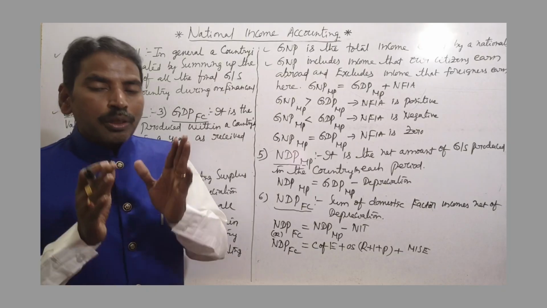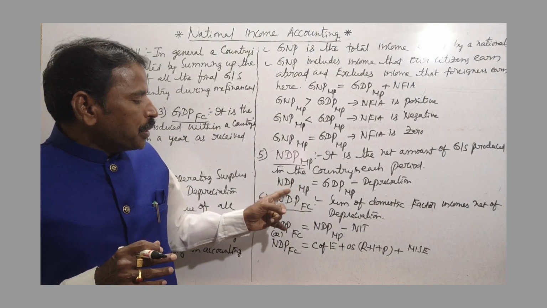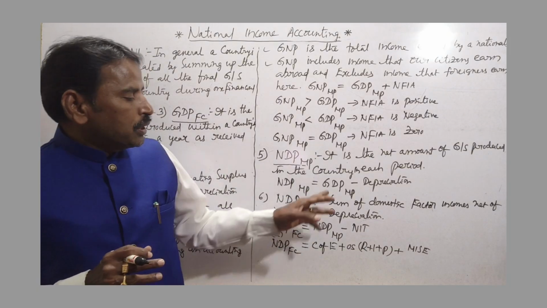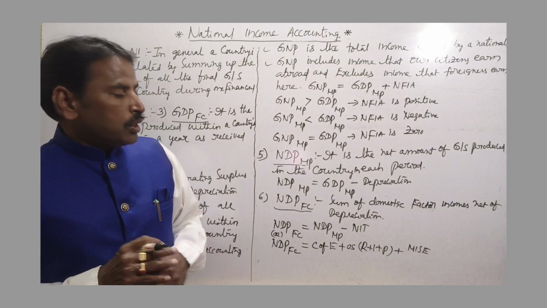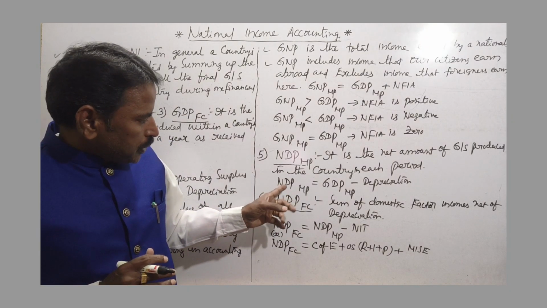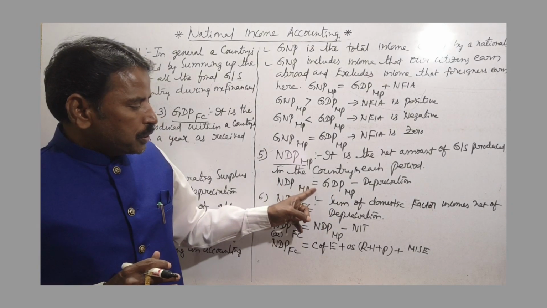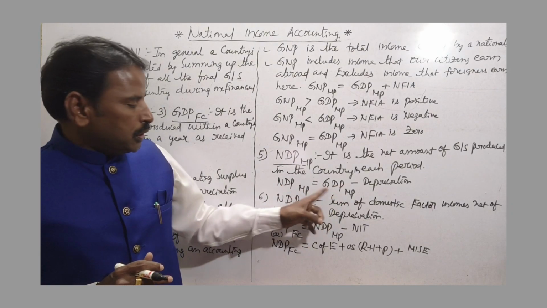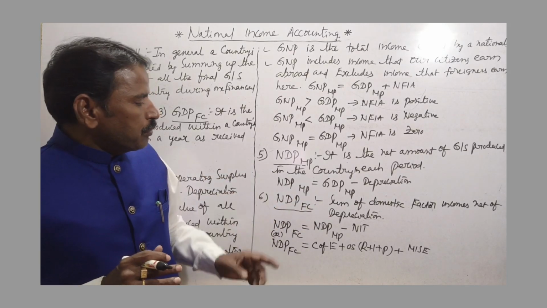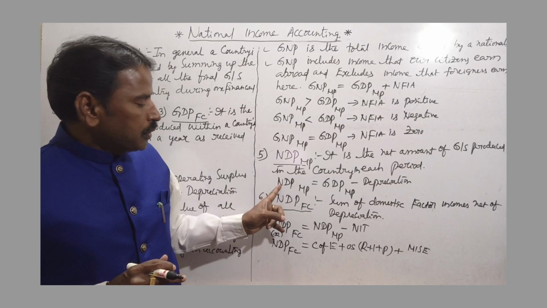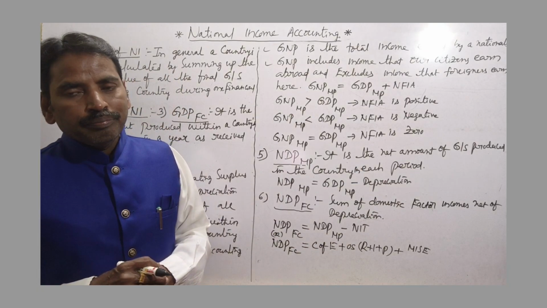That means we subtract depreciation. So NDP market price is equal to GDP market price minus depreciation. Here DP is common. What is the difference between gross and net?